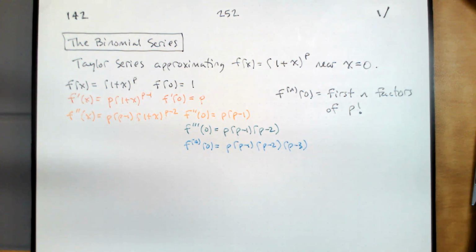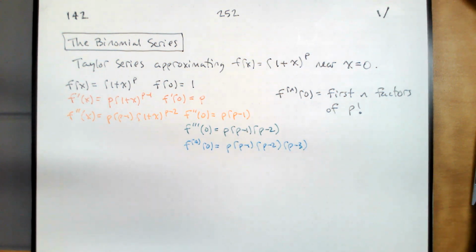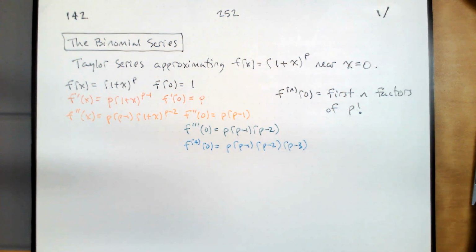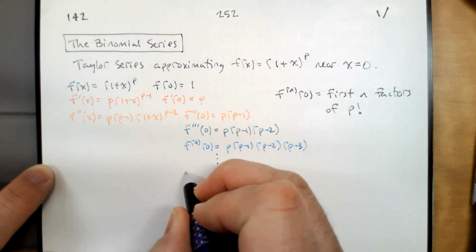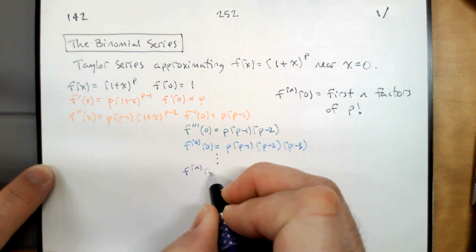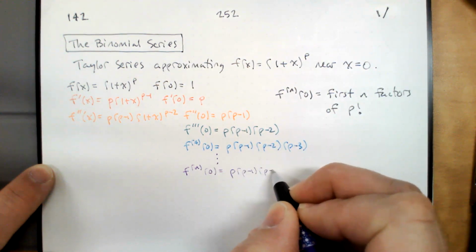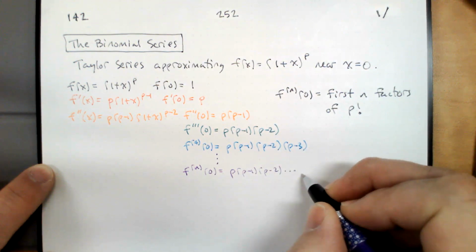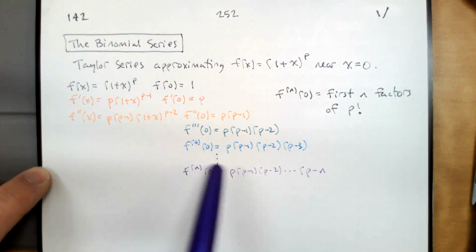So it's going to start off at p, then p minus 1, p minus 2, and then it stops not when it gets to p minus n, but when it gets to p minus n plus 1, because we start off by subtracting 0. So that's why we have p minus n plus 1. So when n is 4, we stop at p minus 3.